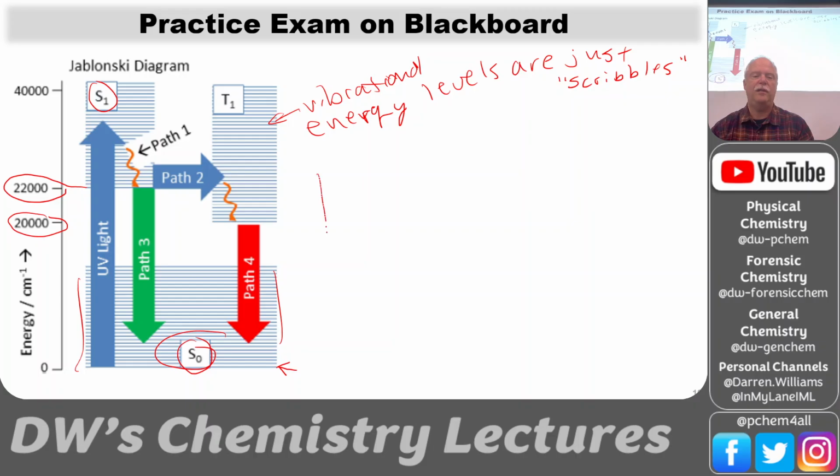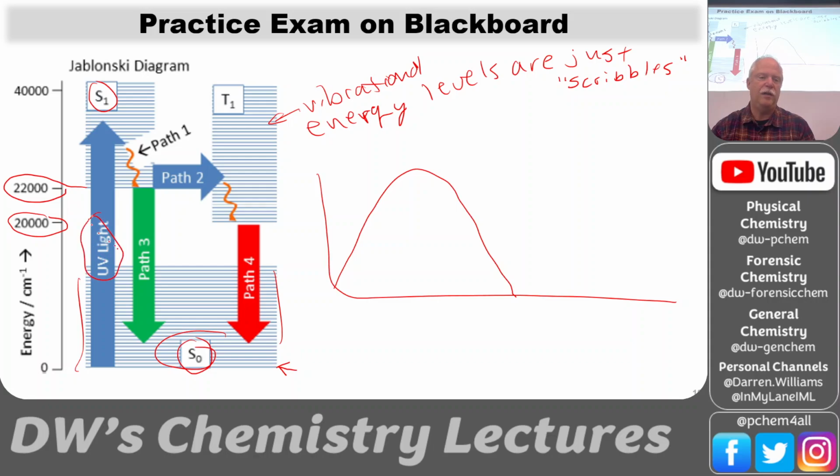And so how does that relate to the spectrum? That's going to be this piece right here. So this is the emission or the absorption line. So this UV light, that's going to be right here. That's absorption. And then we're going to see emission here.